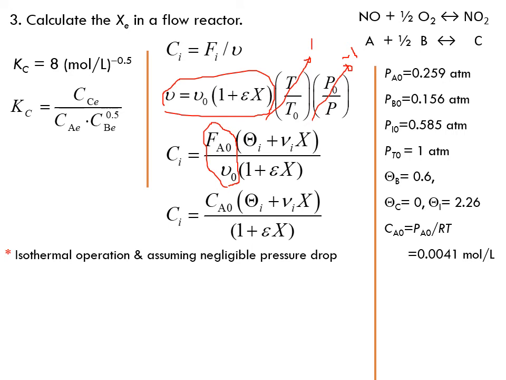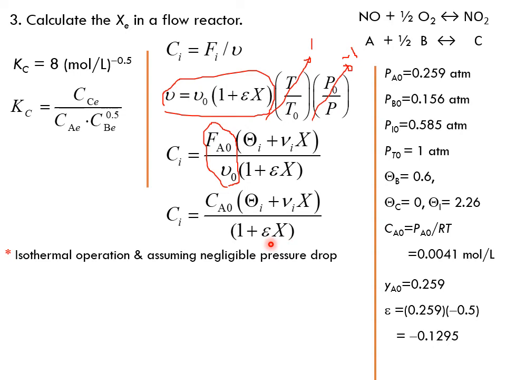Now we can write this expression for the three involved species, which are A, B, and C. So let's do that. Before we do that, we need to calculate epsilon.